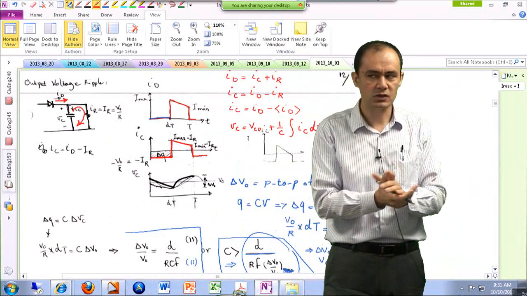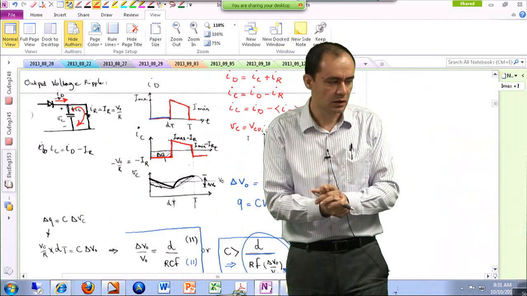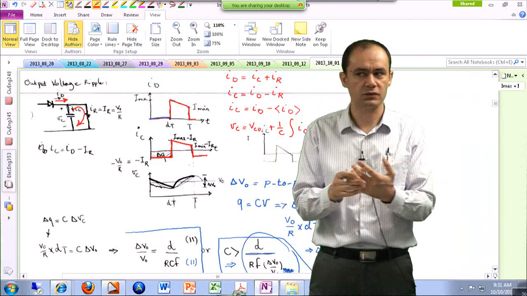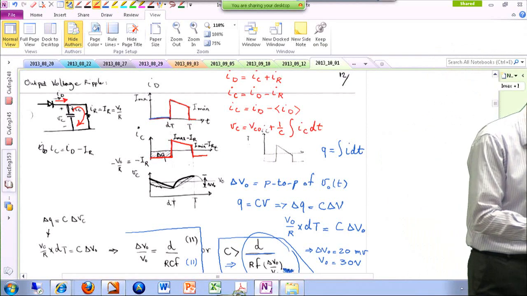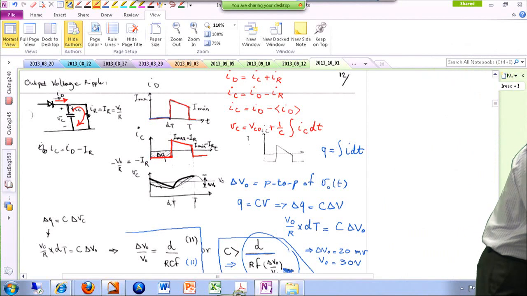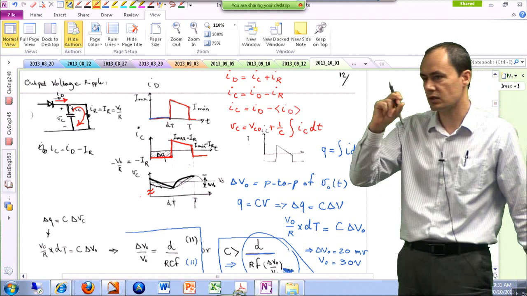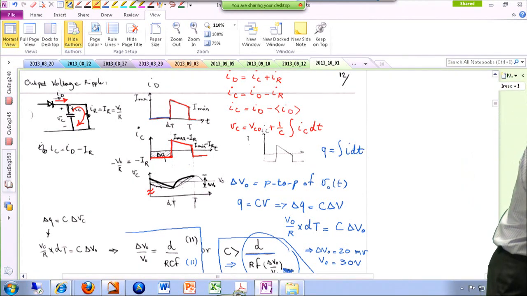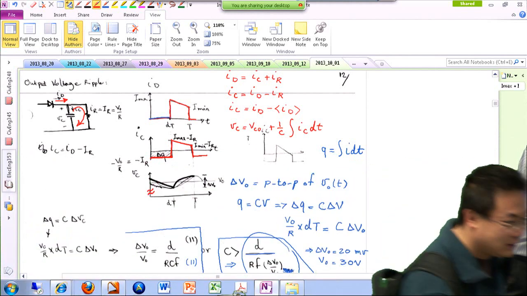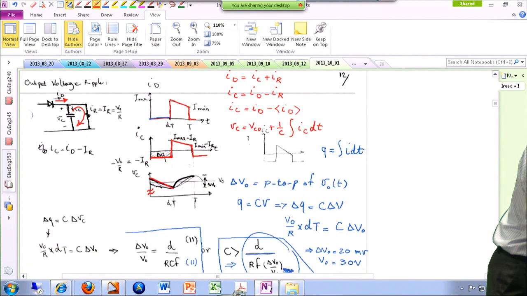Okay. So if we have this waveform for the cap current, we should integrate this to be able to find the capacitor voltage. We already know that the cap voltage has a very major DC component. So over here we are only focusing on the ripple aspect of that. So initially you can argue that the cap is being discharged with a constant current, therefore the voltage of the cap is going to go down linearly.